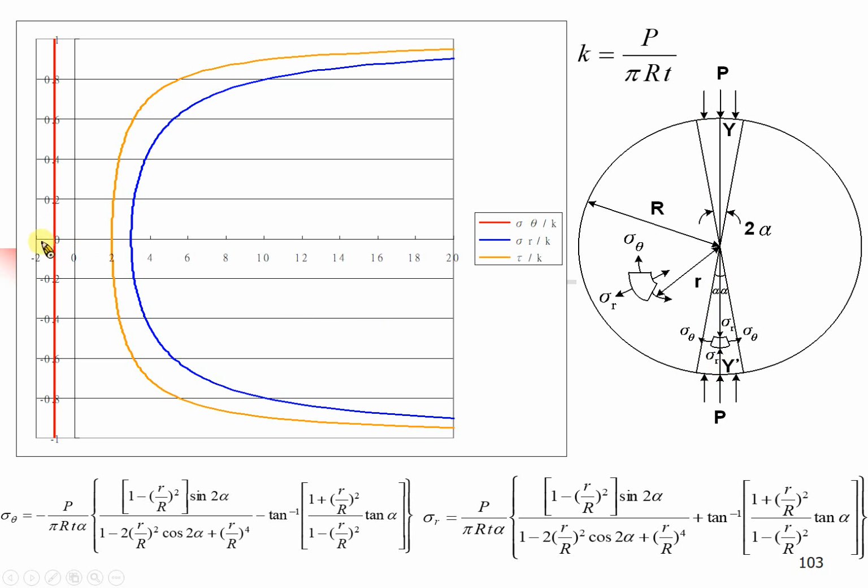Okay? You can see here, if you have a -1, then here there will be 3.